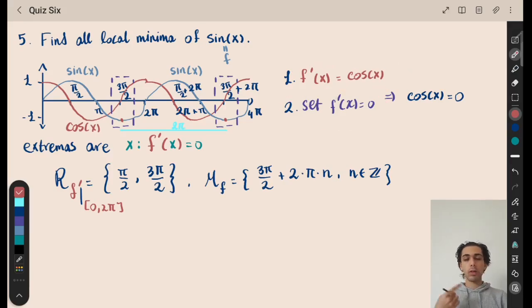And then we conclude that this point is the minima by visually looking at the graph. Or you could do this by looking at the behavior of the function before and after.